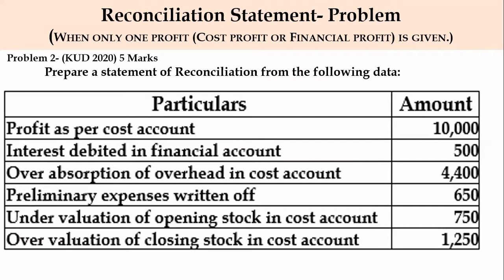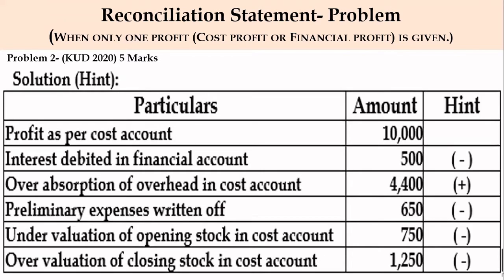And overvaluation of closing stock in cost account will again be deducted from the format. So here you can see only one item, over absorption of overhead in cost 4,400, will be added, and other items will be deducted from this cost profit to arrive at the profit of financial account.